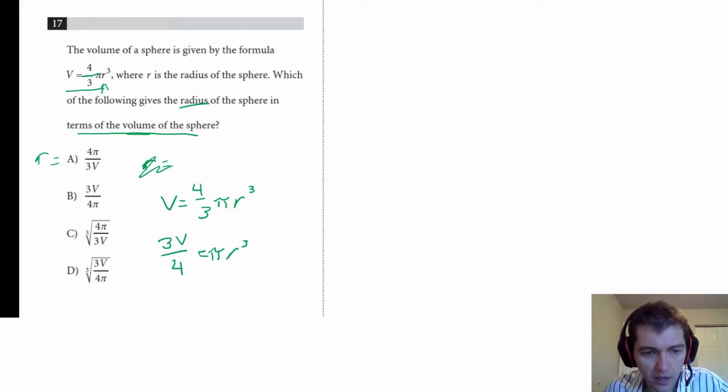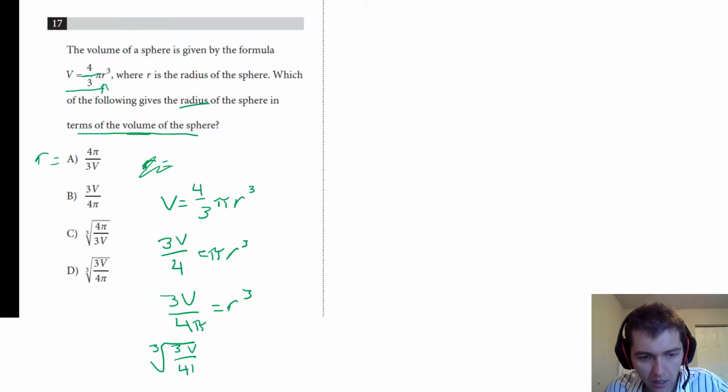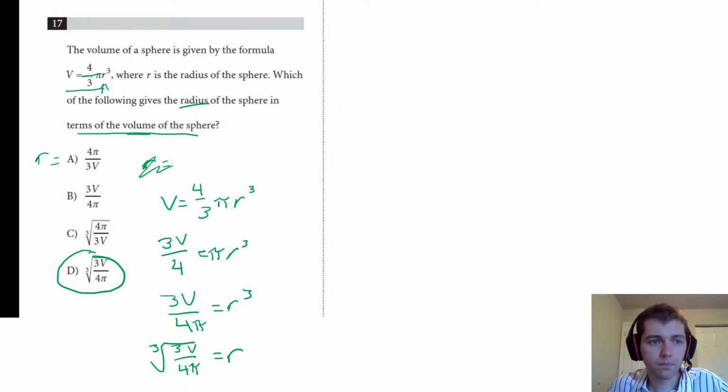Divide both sides by pi. I could have done that in the same operation, but I didn't. It's equal to r cubed. You can go ahead and do a cube root. So you'll have the cube root of 3V divided by 4 pi is equal to r. And that's what you're looking for. So does anything match this result? Looks like D, cube root of 3V over 4 pi. Yep, D is your correct answer.